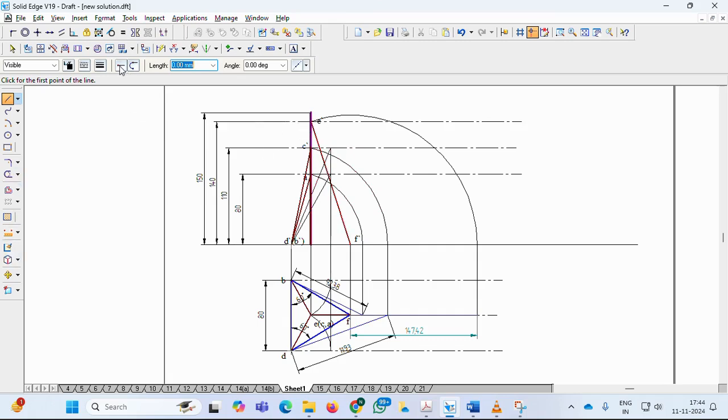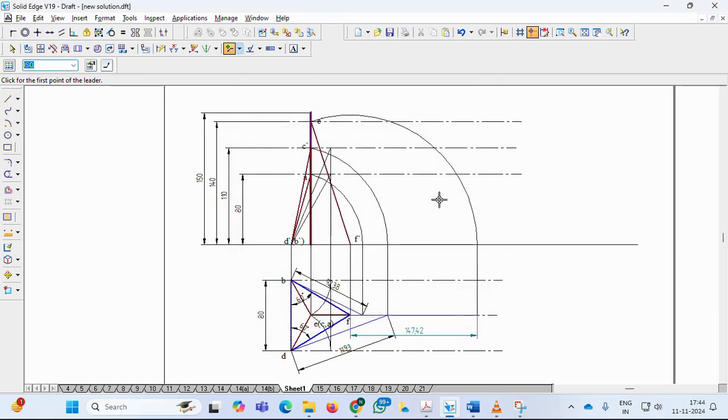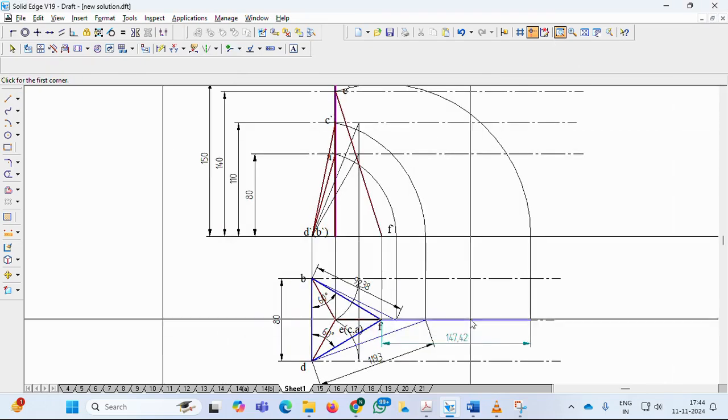Next, and again this is parallel, so directly you can find the slope for this. Show the direction of projection, go for leader, properties, black. So just zoom this.